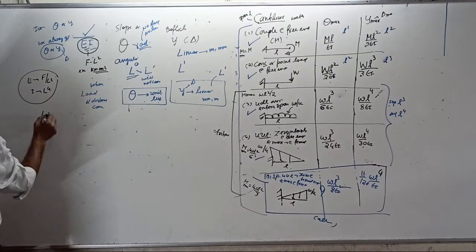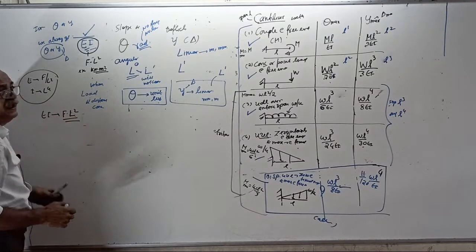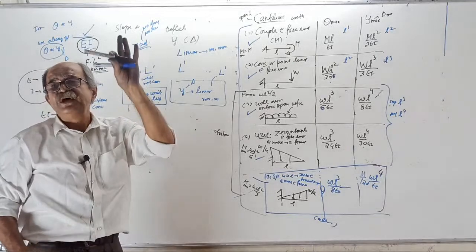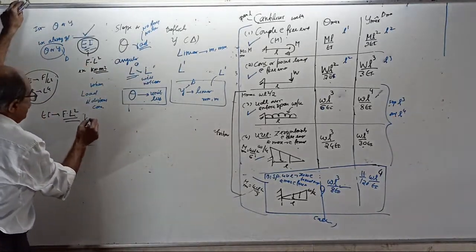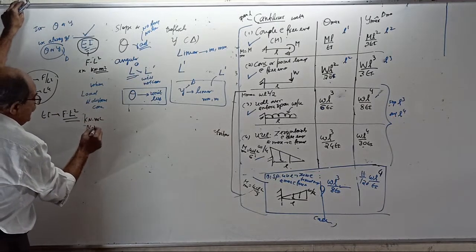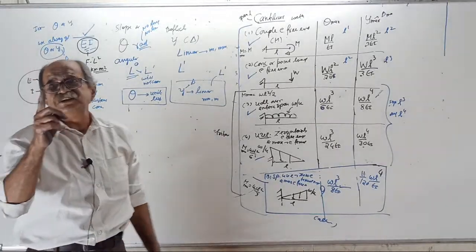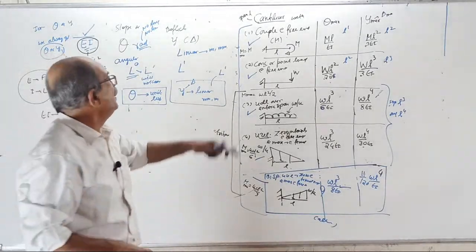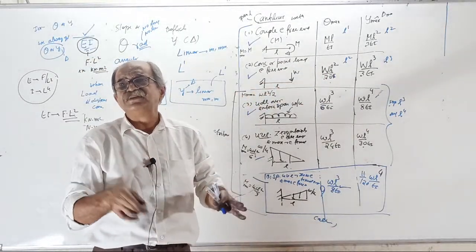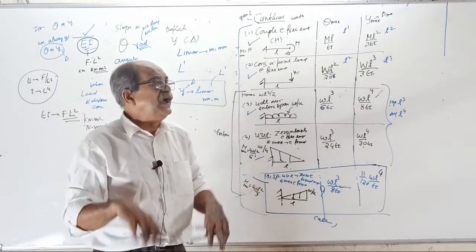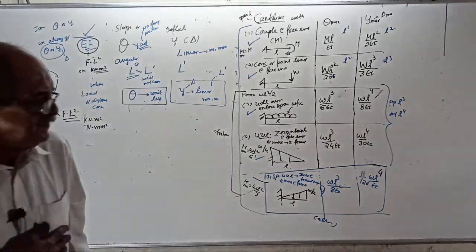Therefore, your EI will always be force into distance square, like kilonewton meter square, Newton millimeter square, etc. Irrespective of slope or deflection, EI is always force into distance square. First tell me, that is important.